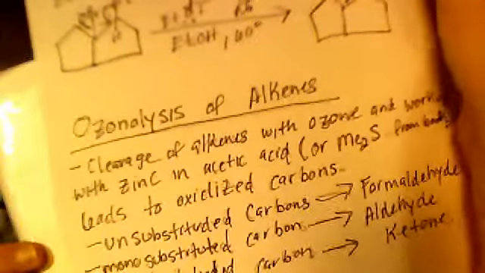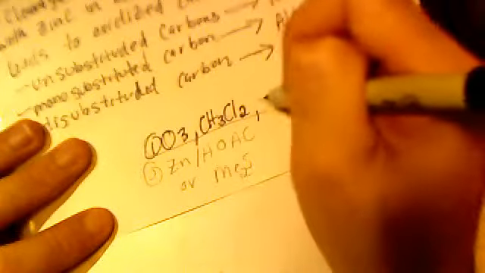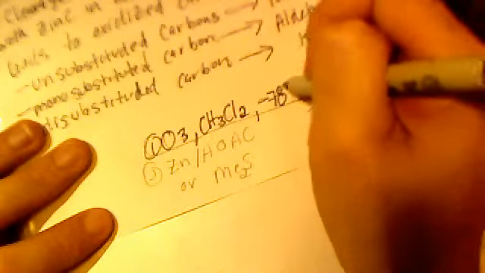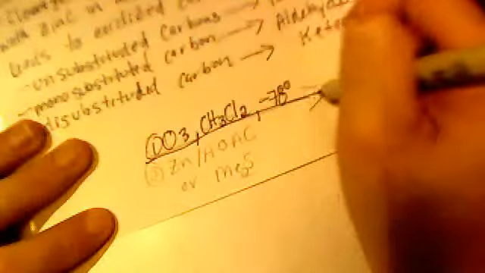And you always know that you're doing this ozonolysis of alkenes when you see ozone in methylene chloride at -78 degrees, so it has to be cold, I think, because all the examples are cold like that.